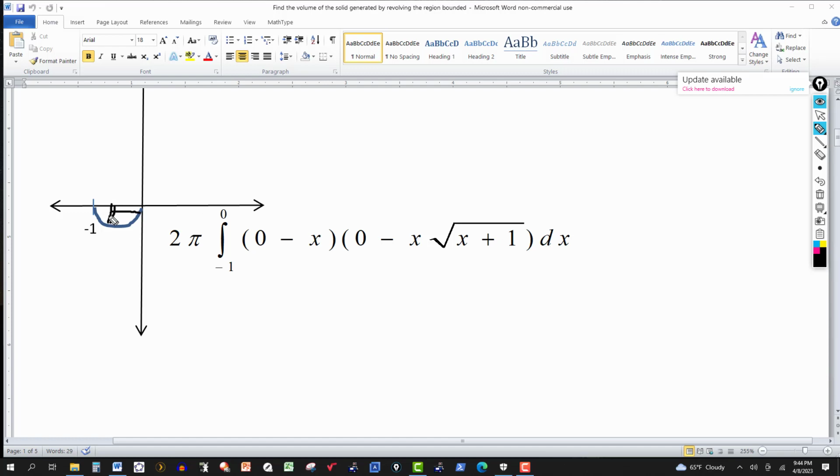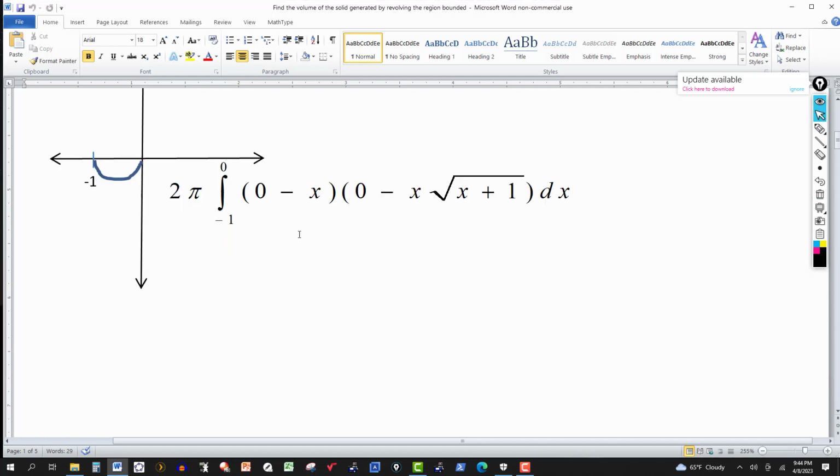And then the height of this rectangle right here is the distance from here to the x-axis. So let's call that 0 minus the curve. So that's why I get this, 0 minus the function. And then what I did is this will actually be minus x.